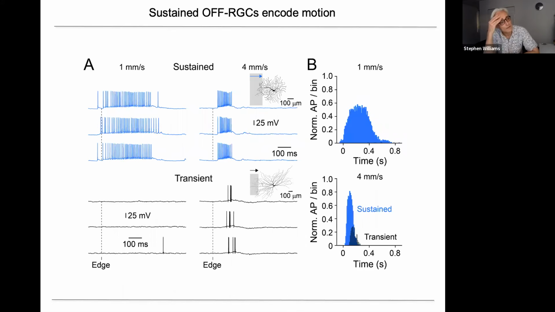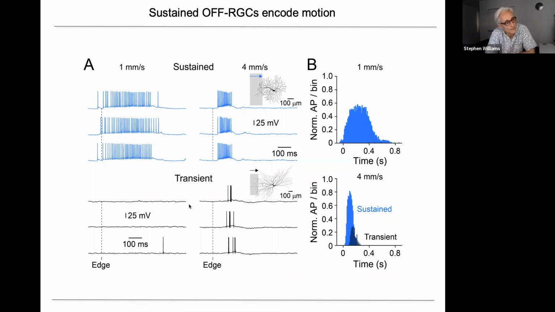What we did observe, however, is that sustained cells and transient cells are completely different if we move stimuli through the dendritic arbor. So if we move dark light stimuli across the retina through the receptive field of sustained off ganglion cells, they produce a very lovely pattern of action potential firing when the stimulus is moving at this speed.